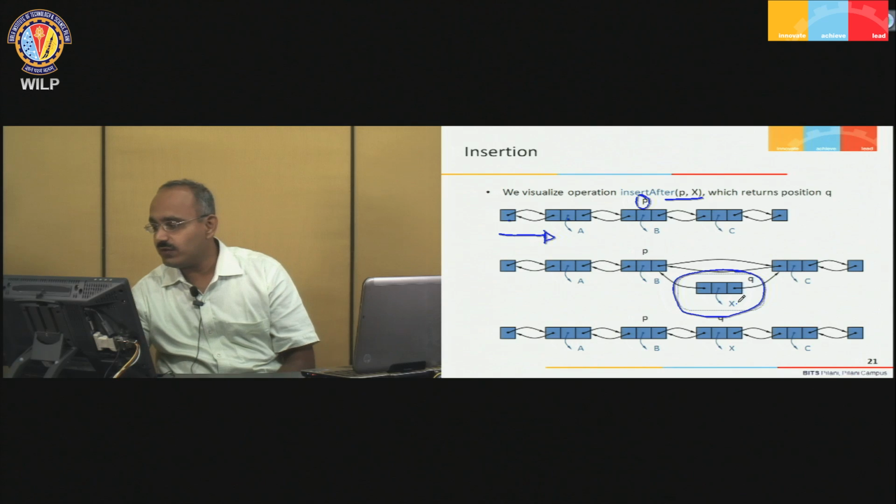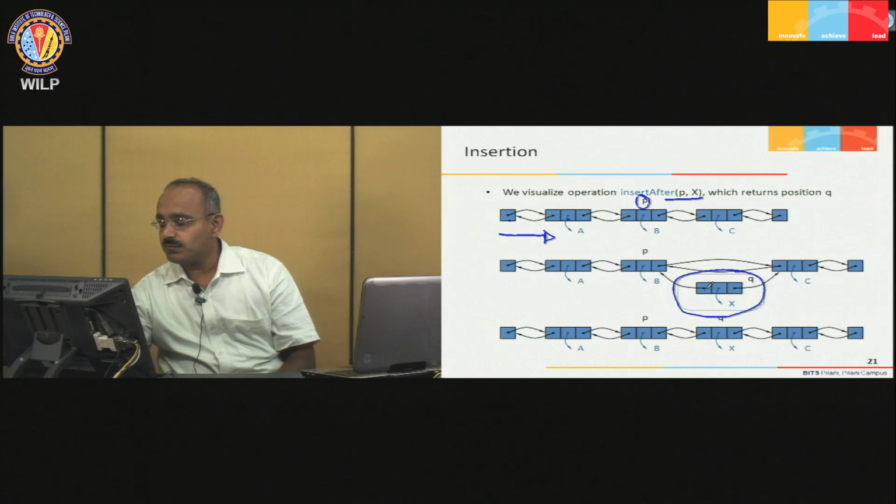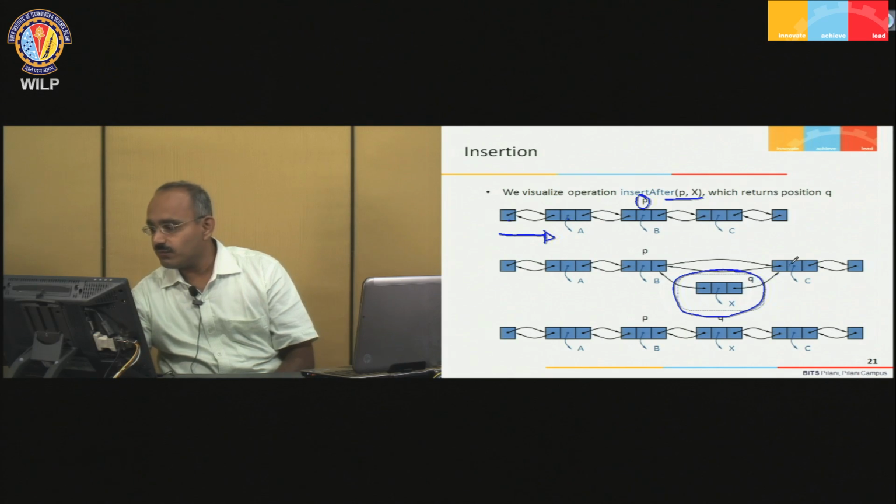So what we do is, recollect, we have this node that has to be inserted in. So we point the previous pointer to this, then we look at the next, which points to this. The next of this is going to point to this, and the previous is pointing to this.